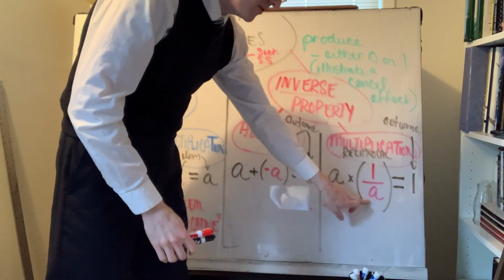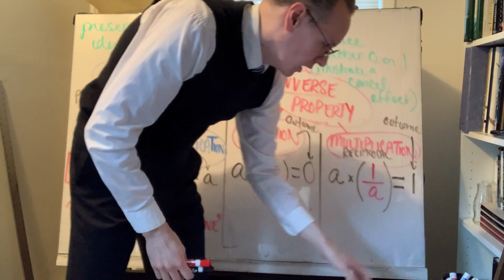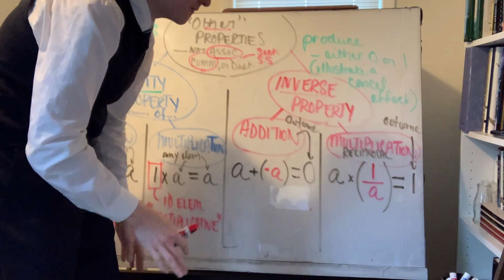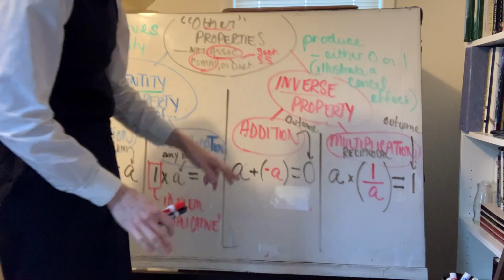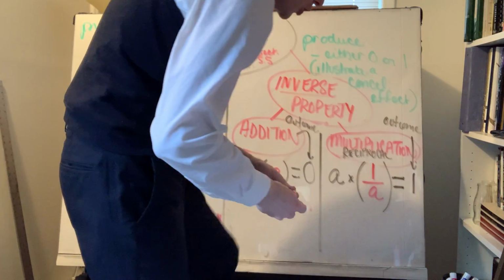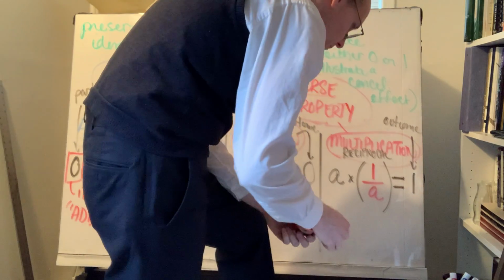There's another name for this, right? Instead of saying reciprocals. This is often the case in math. There's more than one way to refer to something, in addition to more than one way to do something. The word you want to kind of keep in mind, right?